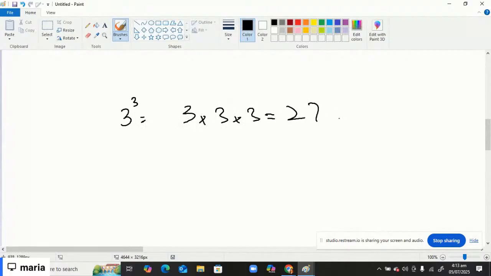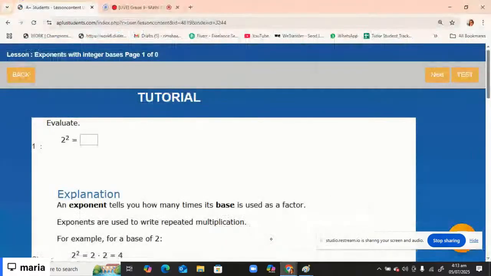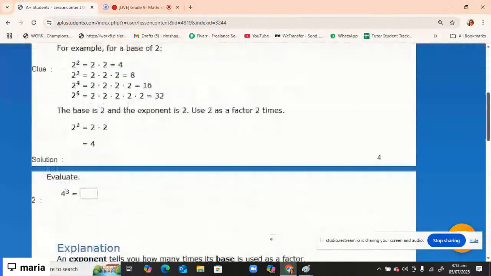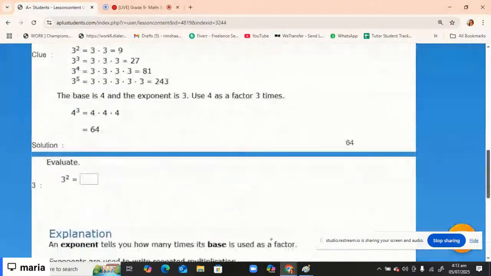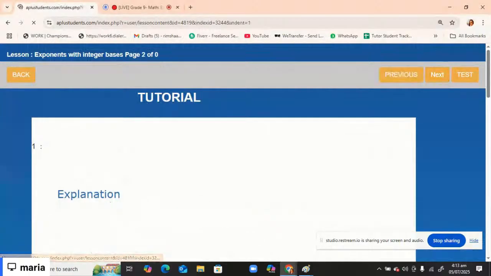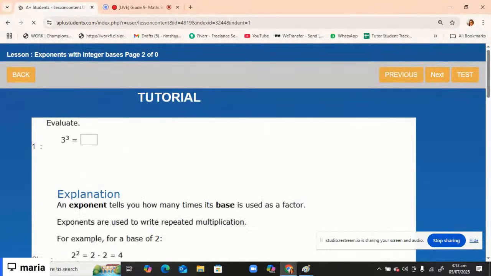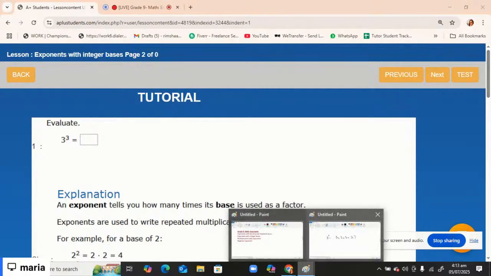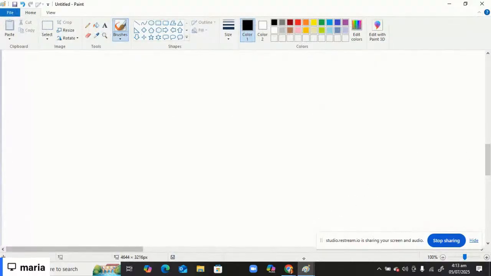That is 27. So the power of 3 is a positive integer. Okay. Now 4 power 3, 3 power 2, these are all the same things that are given here. All the numbers which we are going to put out here, you simply multiply like this way, and then we find the answer.